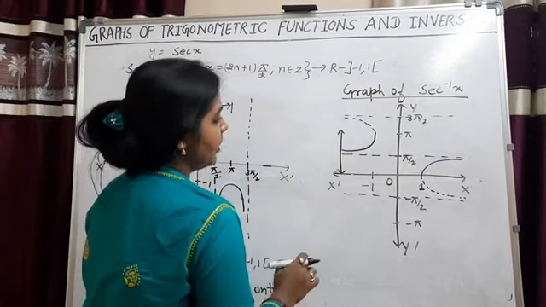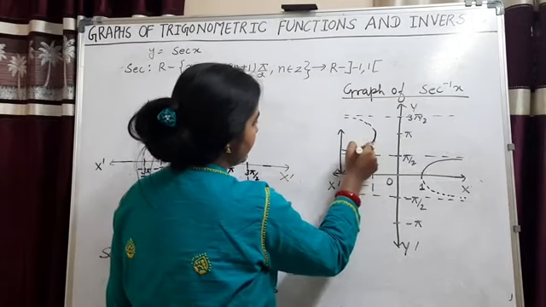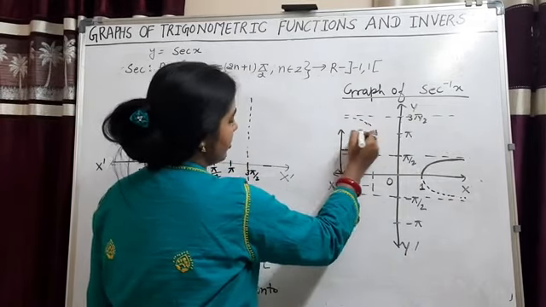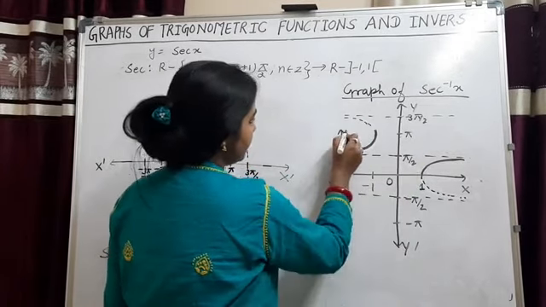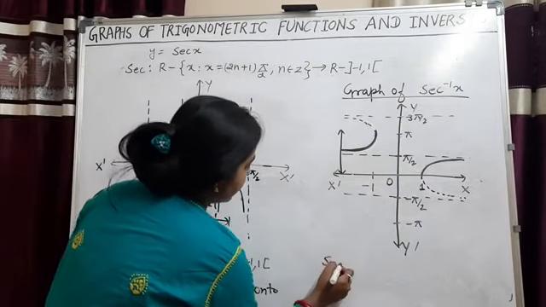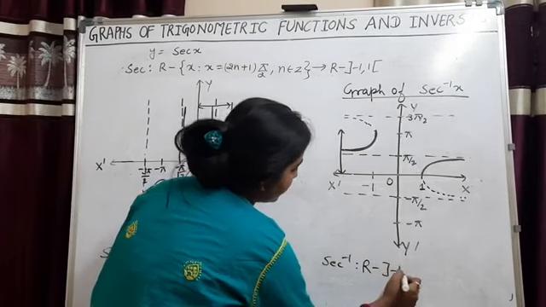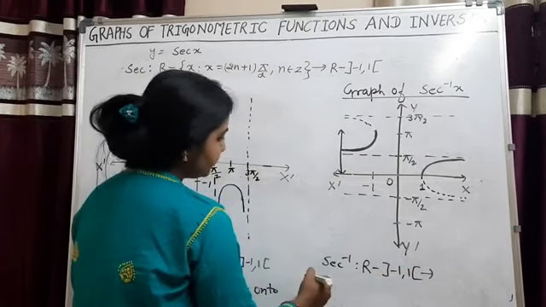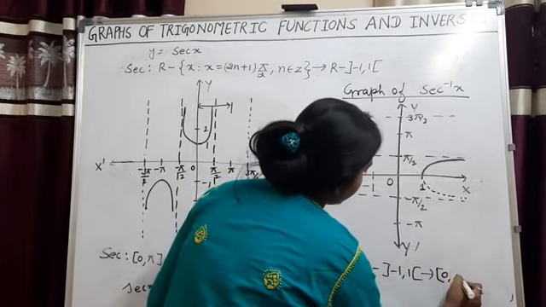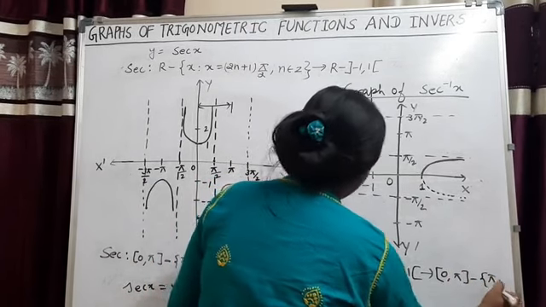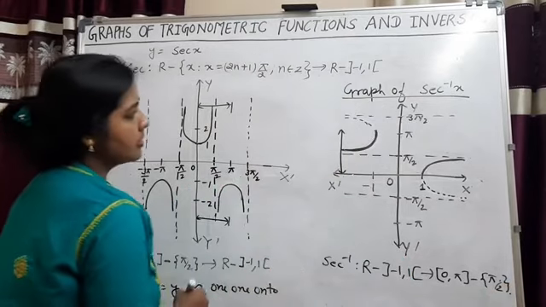Because of that I have shown a solid line for this part, and I have shown the rest by dotted line to show that we will consider only this part, 0 to pi. So we will take sec inverse from R minus open interval minus 1 to 1 tends to closed interval 0 to pi except pi by 2. So this is the graph of sec inverse x.